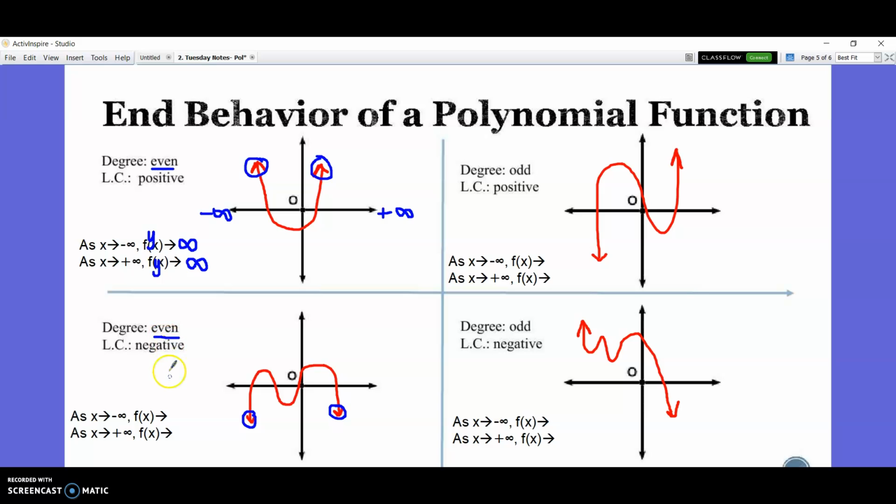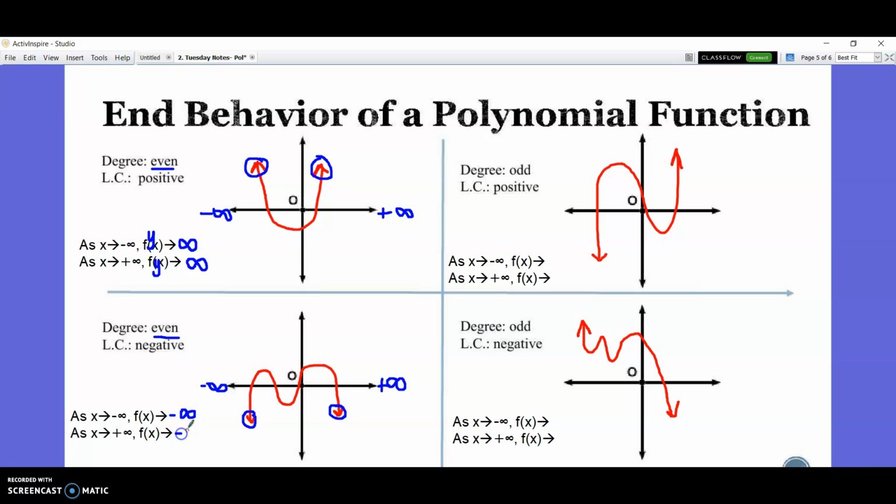Okay, for the even negative ones, if I look where x is going towards, this is negative infinity, and this side is positive infinity. Both of my arrows are going down. So when x gets closer and closer to negative infinity, the graph is getting closer and closer to negative infinity.